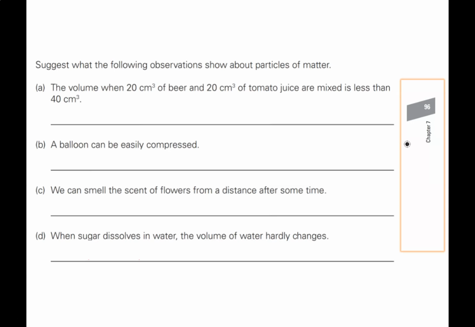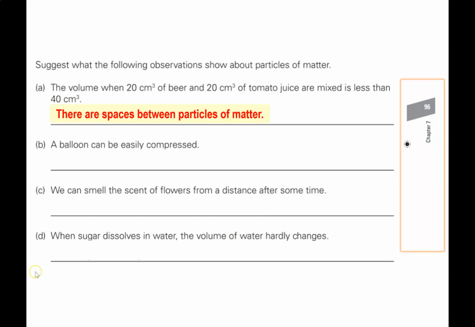A. The volume of 20 centimeter cube of beer and 20 centimeter cube of tomato juice are mixed and the total volume is less than 40. Explain. In the previous SLS lesson, you watched the demonstration and the reason is due to space between particles.